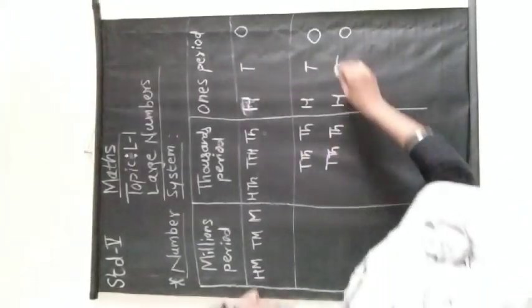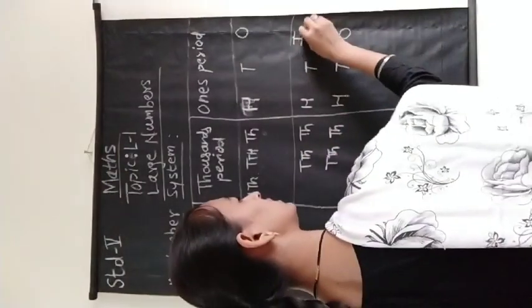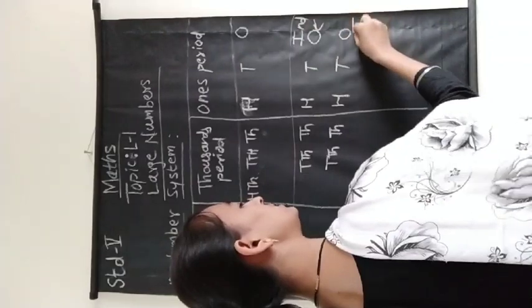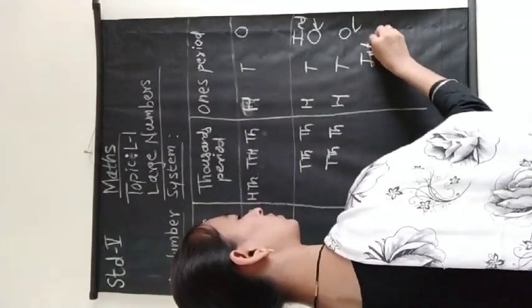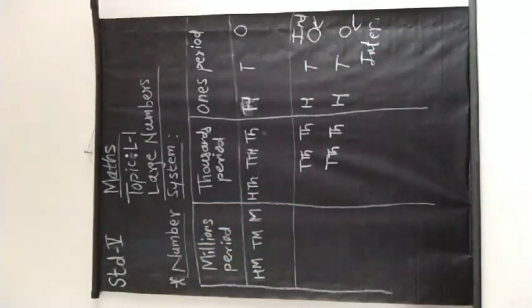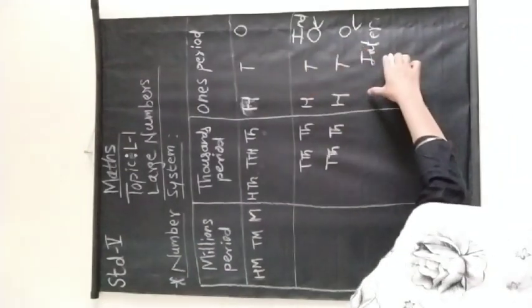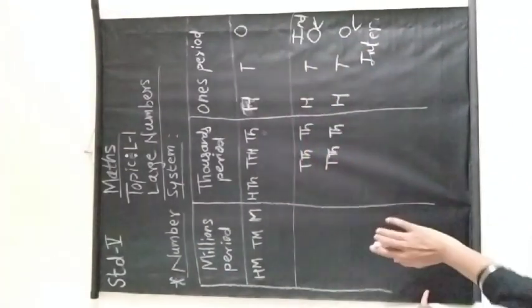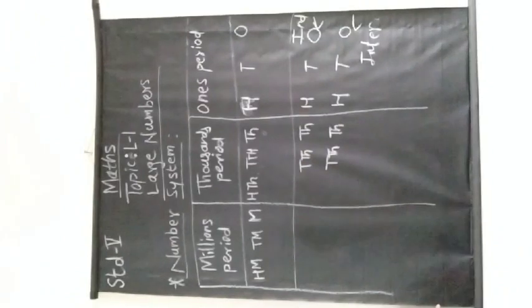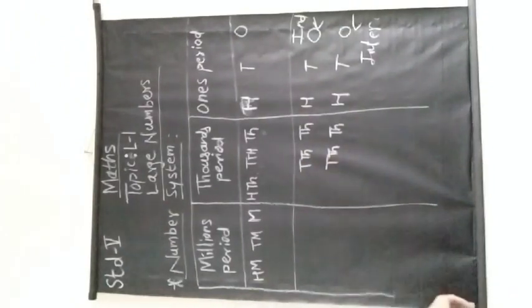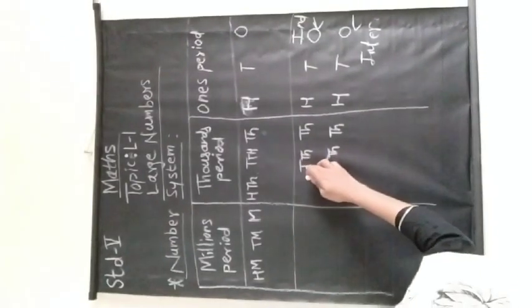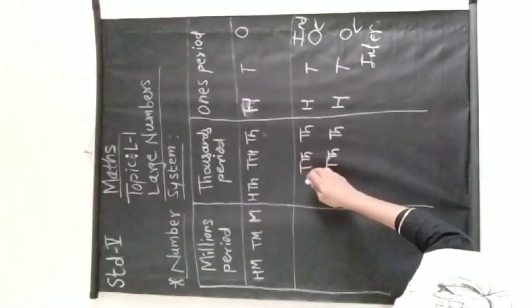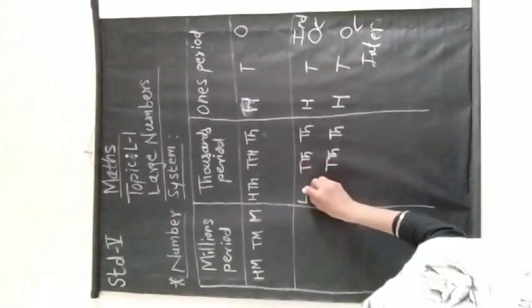But see, this is the Indian system and this is international. In both, till 10,000 everything is similar, but after 10,000 in the Indian system we are using lakh.